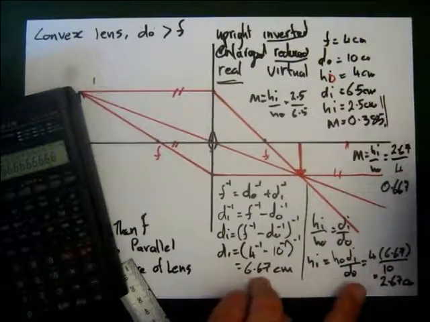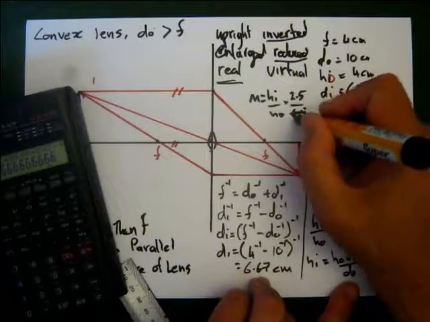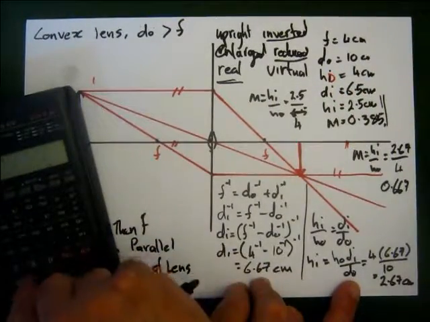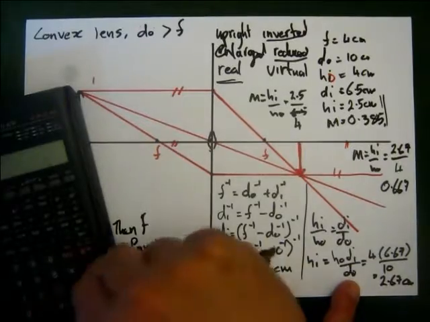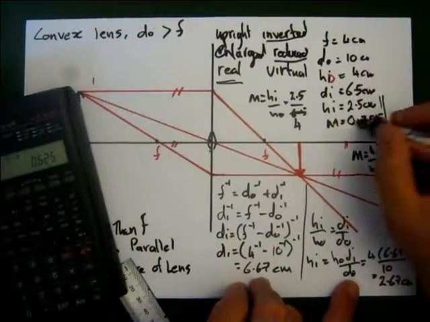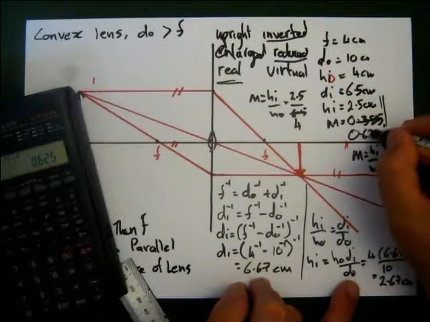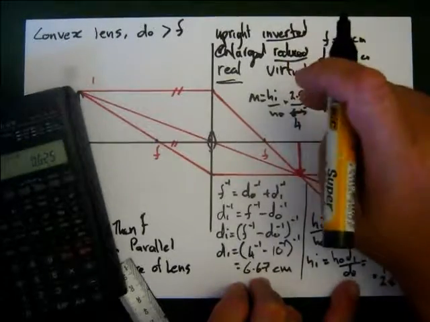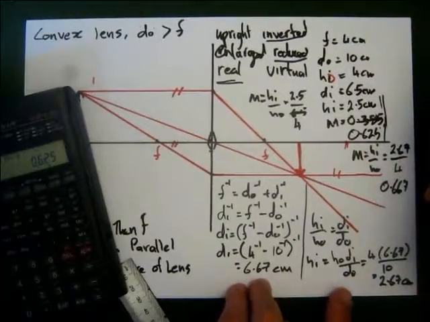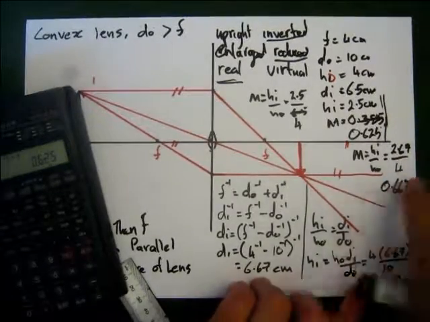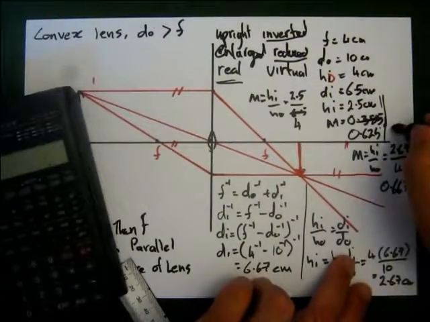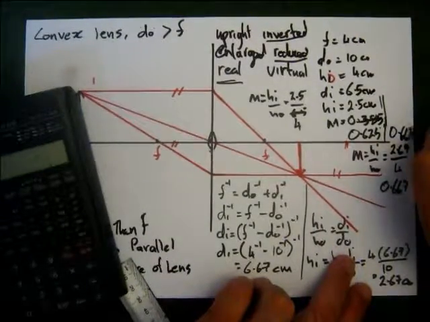Earlier, the magnification with the measured numbers was 2.5 divided by 4, which gave 0.625. So once I got the right numbers in there, the magnification was 0.625, and then once we did this with 2.67, we actually found out it was 0.667.